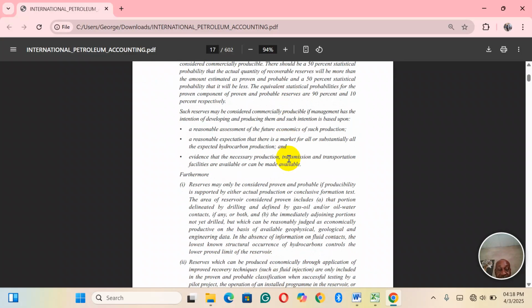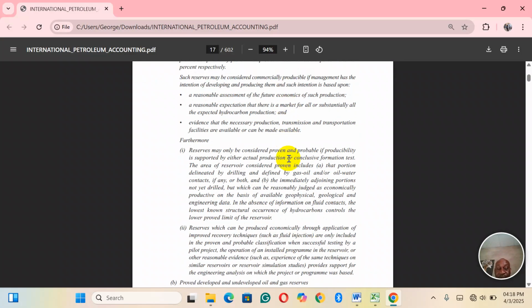And further, the reserve may only be considered proven and probable if the productivity is supported by either the actual production or conclusive formation test.